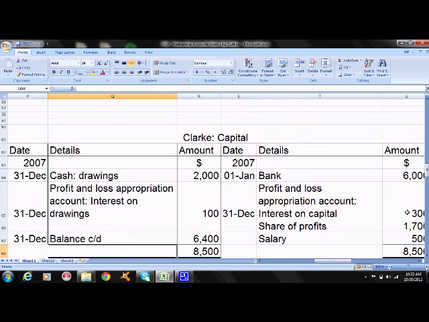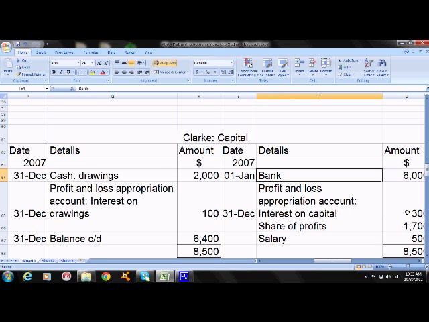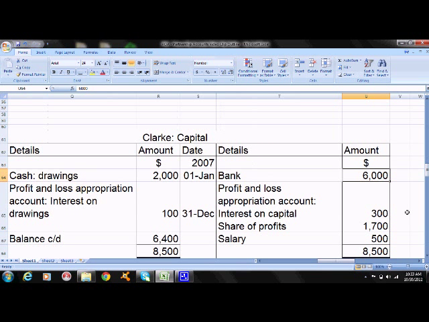We then credit the capital account with the money that was invested, which is $6,000 invested by Clark. Then we also credit the capital account with interest on capital, which is $200. We credit this account with the $1,700 share of profits, and we also credit the capital account with a salary of $500.